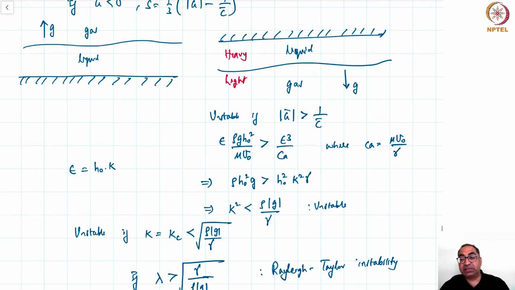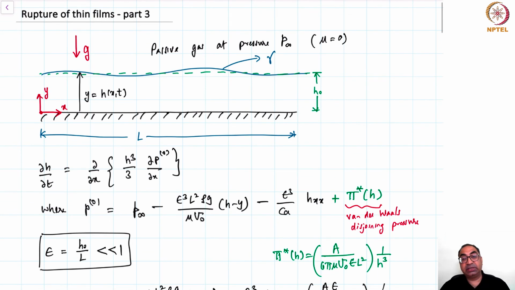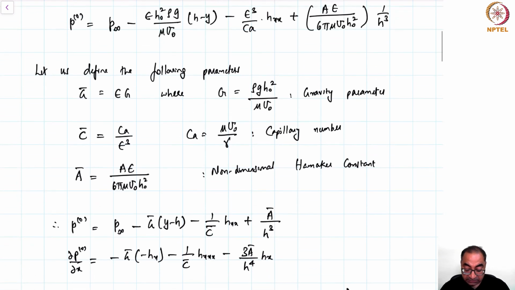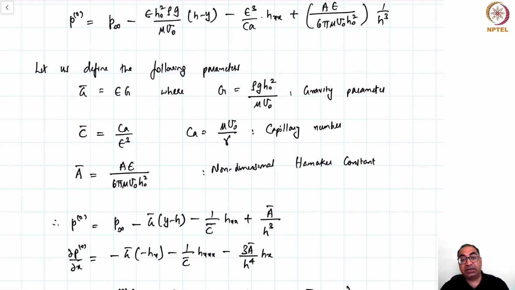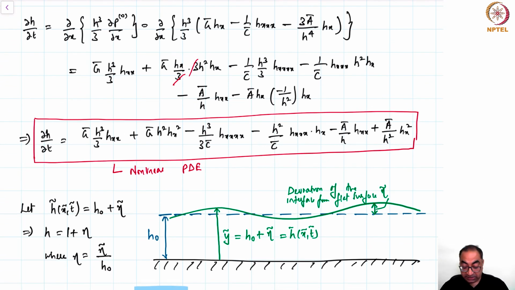Let me quickly summarize what we have done so far in this lecture. We started by looking at the evolution equation for the thin film. We introduced the van der Waals force in the form of a disjoining pressure. Then we made the expression compact by defining three parameters: G bar, C bar, and A bar. These are the gravity parameter, capillary number, and capillarity parameter, and finally the non-dimensional Hamaker constant. Then we derived a nonlinear partial differential equation for the height.